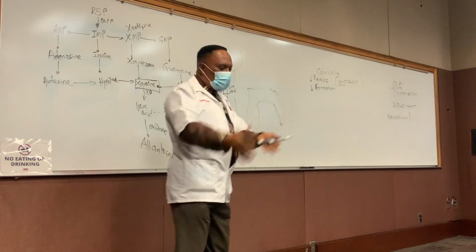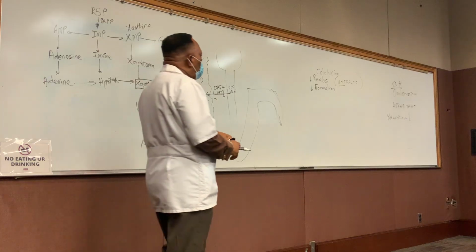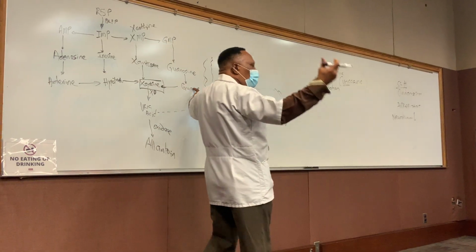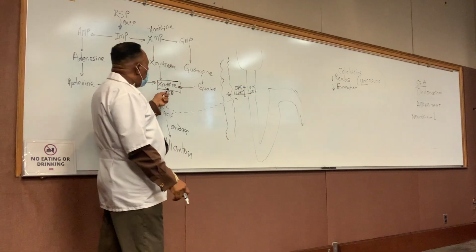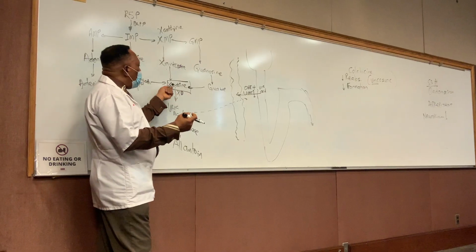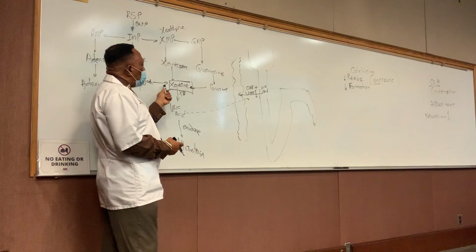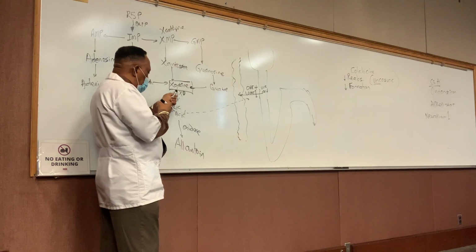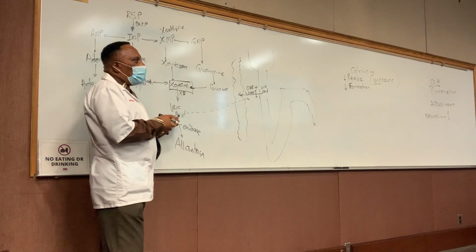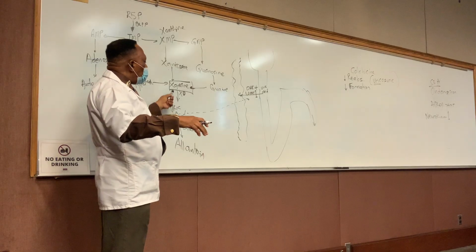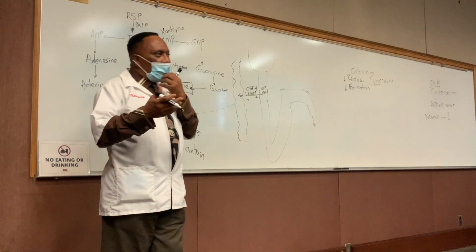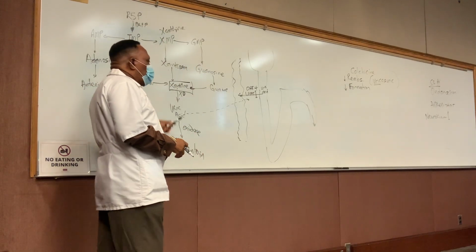And how you would decrease formation will be to decrease or slow down metabolism, that is cut down the conversion of xanthine or hypoxanthine to xanthine and then down to uric acid. So you decrease metabolism so you can decrease production of uric acid. Okay.